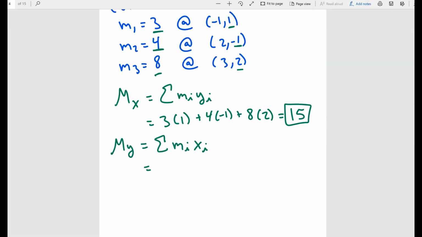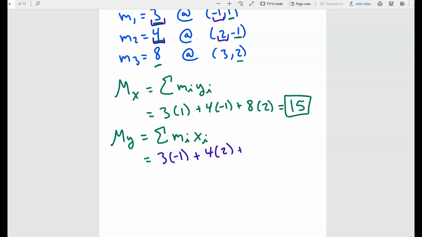So we take the 3 and multiply it by whatever the x is, which is negative 1, plus the 4 multiplied by its x value, which in this case is 2, plus this 8 multiplied by its x value, which is 3. And what this gives me is 29. Okay, so we found our moments.